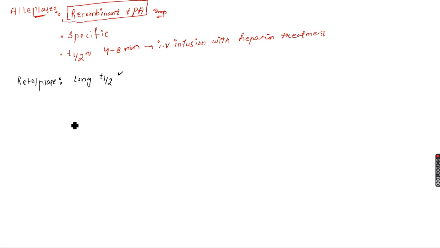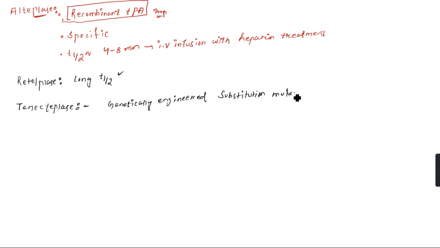Then the last drug is tenecteplase. It is a genetically engineered substitution mutant of native tissue plasminogen activator.